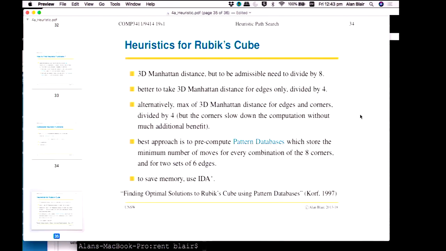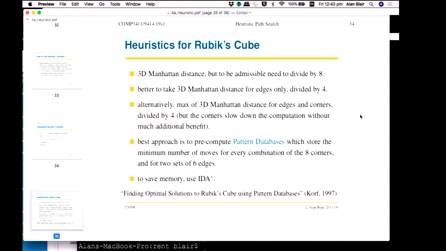And so this is a classic example of a relaxed problem. I'm relaxing the problem by saying, well, I don't have to solve the edges, I just have to solve the corners. And it's possible to solve that exactly by creating a database of all the positions and doing a full search, and that'll tell me the size of the quickest solution for each of those.